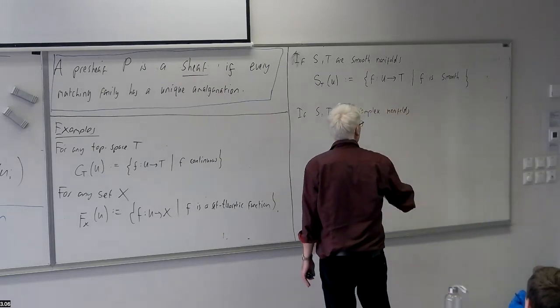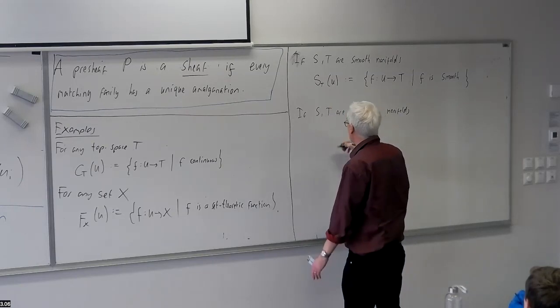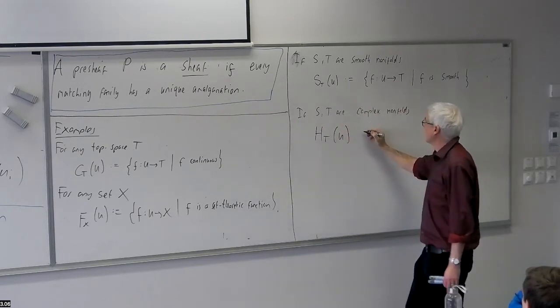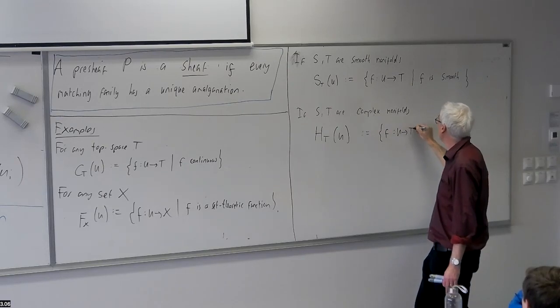Then we have the notion of holomorphic function between complex manifolds, and again that's a property that's determined locally. So let's call that H sub T of U, which is now again all functions from U to T.